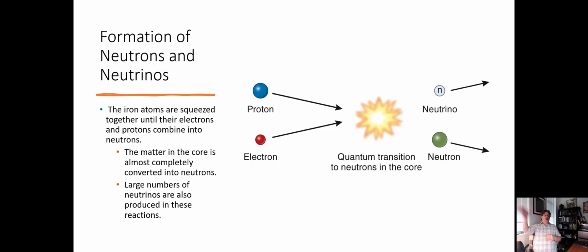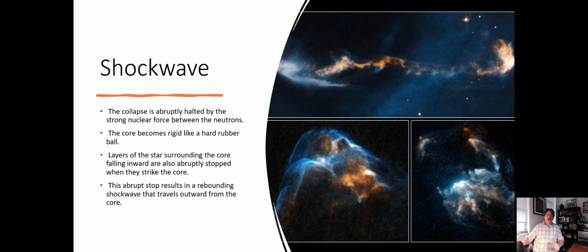And then you get a neutrino popping out of it along with a certain amount of energy. That process is highly energetic, and it creates a supernova.